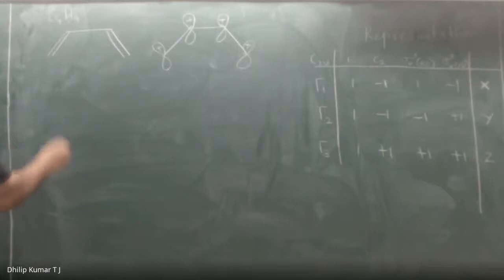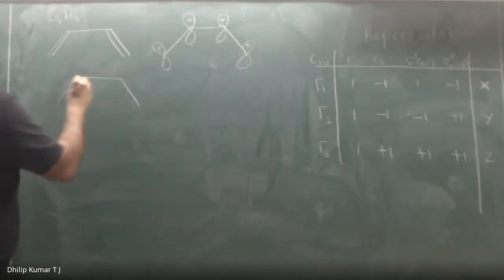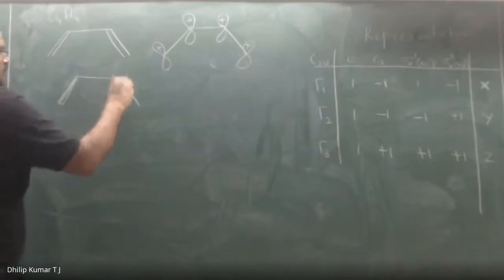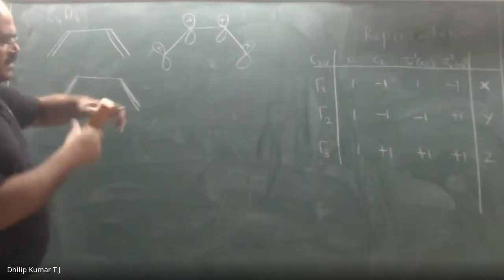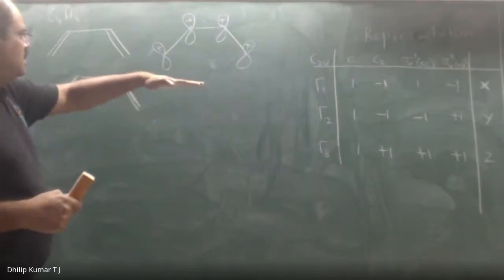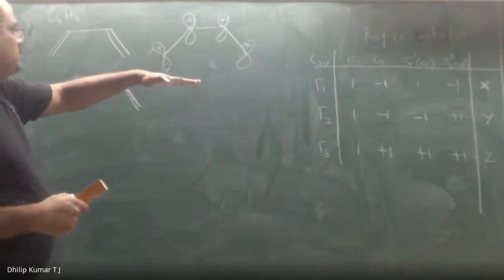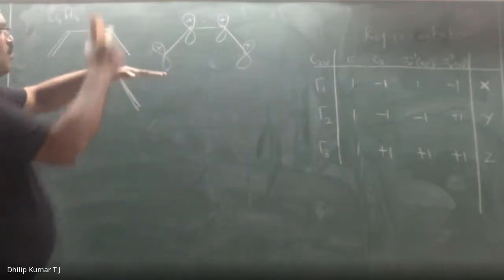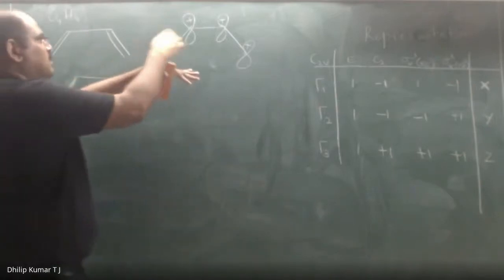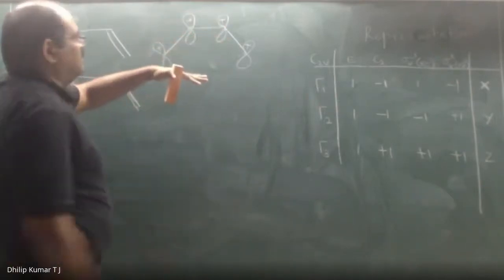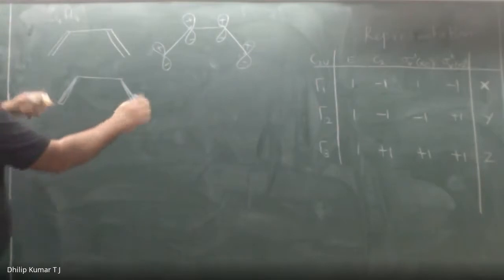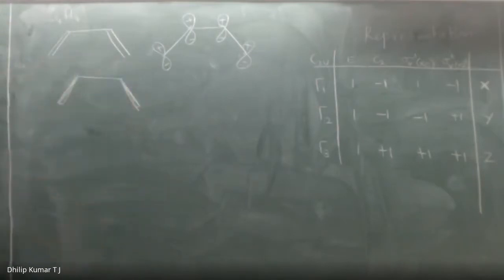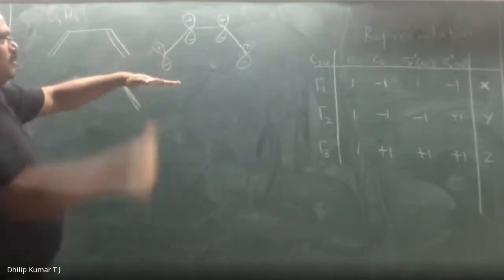To visualize it, this bond is coming towards you, and this plane is placed something like this. This is the C4H4 framework, and these orbitals are above and below. One is above, and the others are the other way, so these are negatives. You can think these two carbons are coming towards you, and this carbon is on the board. Something like this, and then your 4 lobes are present.